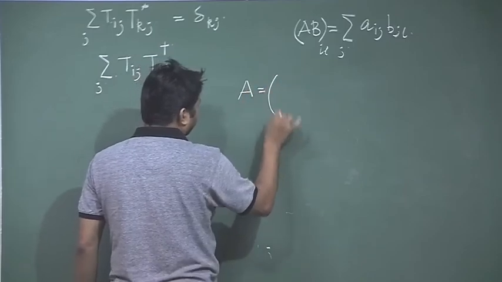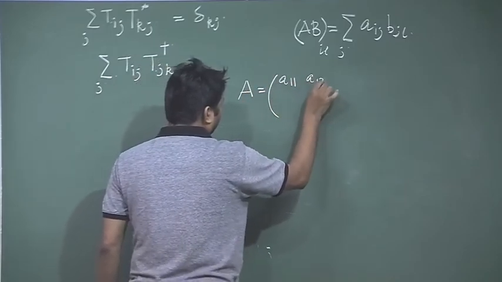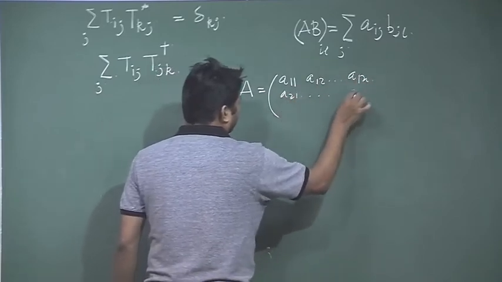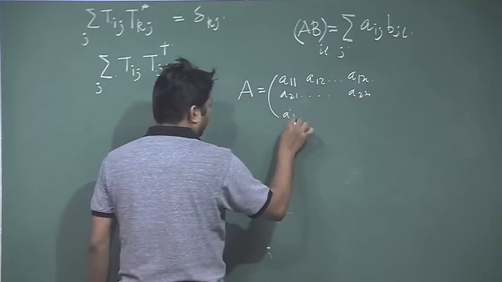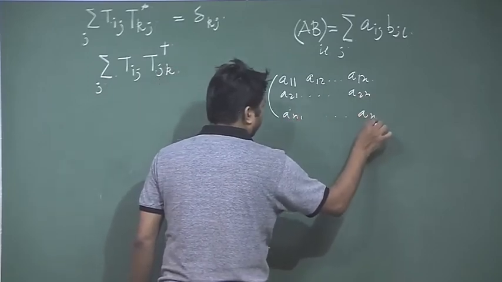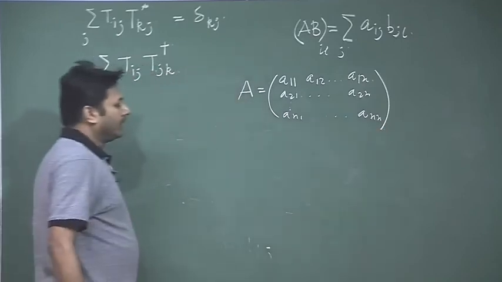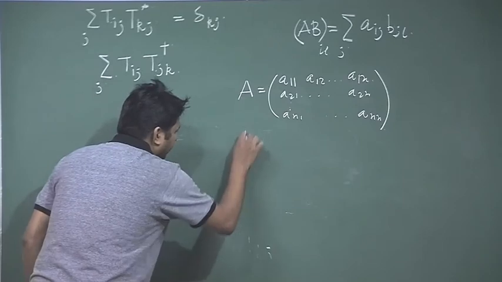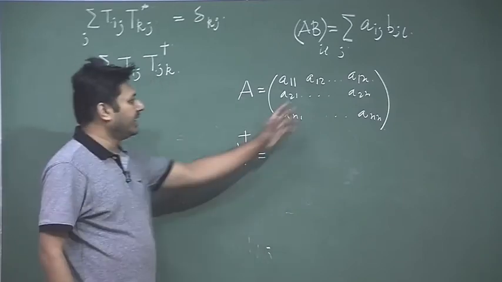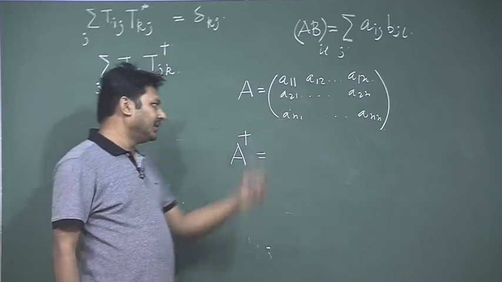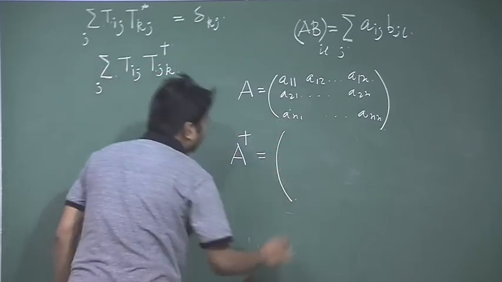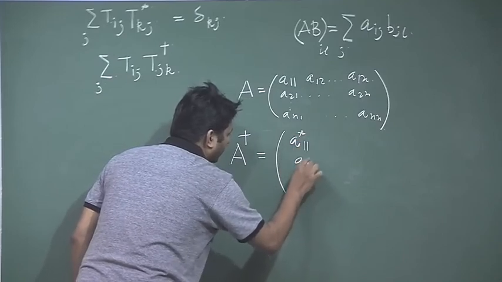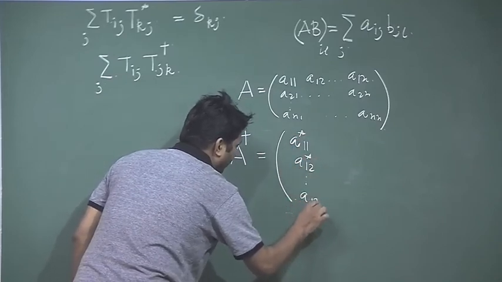If a matrix A is A11, A12, A1n, A21, A2n, An1, Ann, this is the matrix A, where these are the matrix components. If I make a dagger of that, that means first I need to make a transpose of this and then the complex conjugate. So the A dagger components will be something like A11 star, A12 star, A1n star.